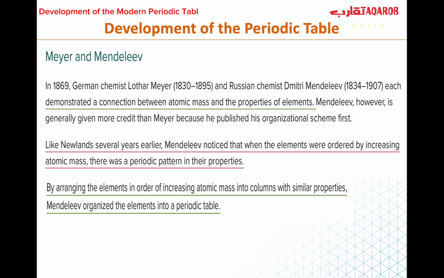Now, after John Newlands, we have Mayer and Mendeleev. In 1869, German chemist Mayer and Russian chemist Mendeleev each demonstrated a connection between atomic mass and the properties of elements. Mendeleev, however, is generally given more credit than Mayer because he published his organizational scheme first.